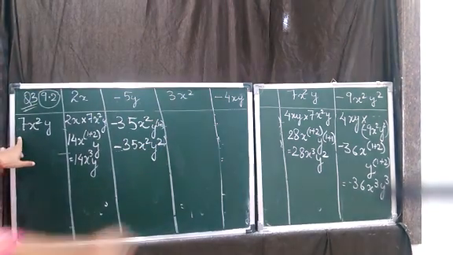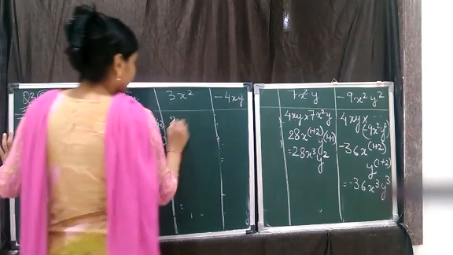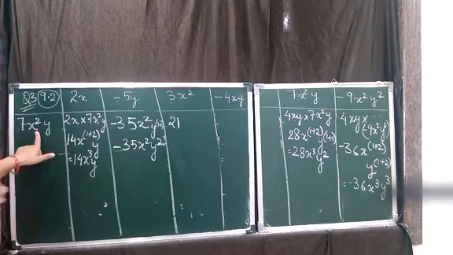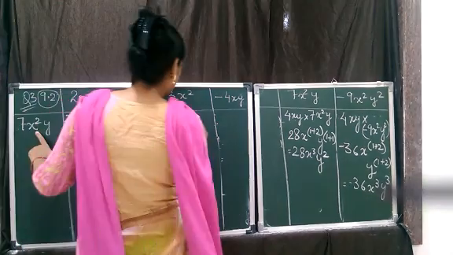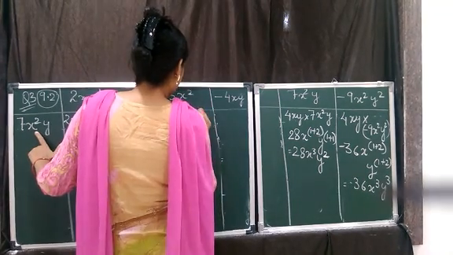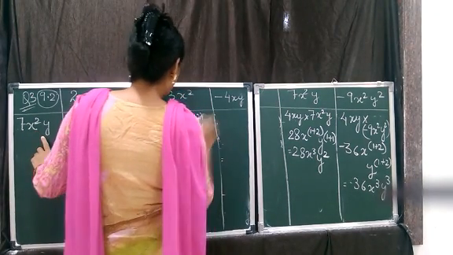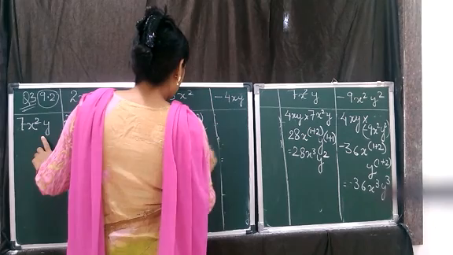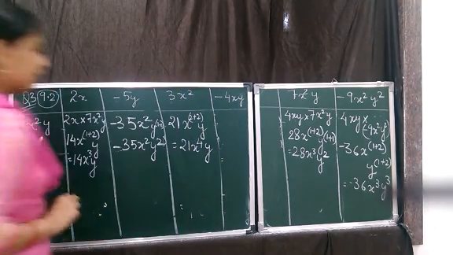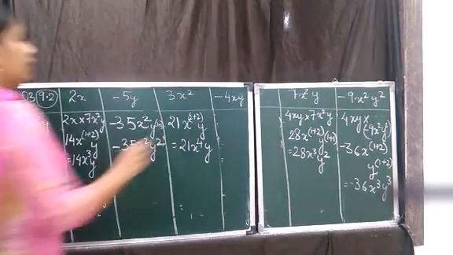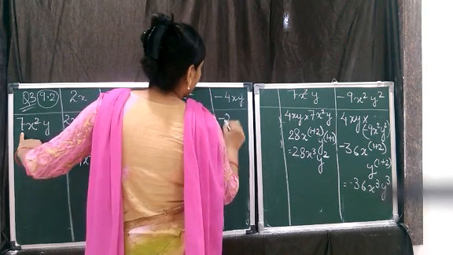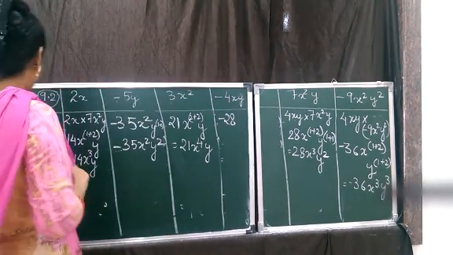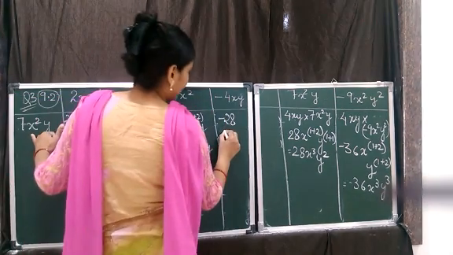Okay. Similarly, 7 3s are 21. Now x is common, so power of x will be added. And y remains same. So it is 21 x to the power 4 and y. Then 7 4s are 28. So minus 28, power of x will be added.